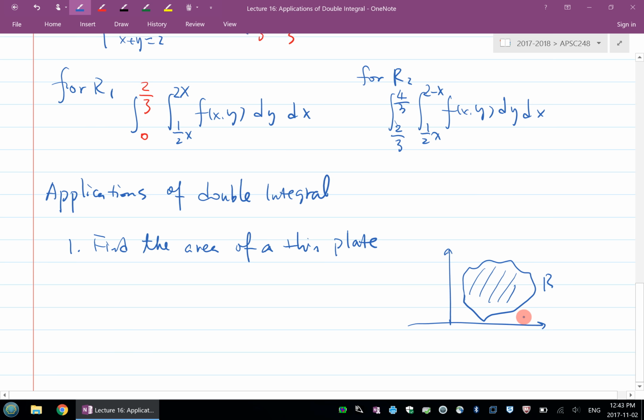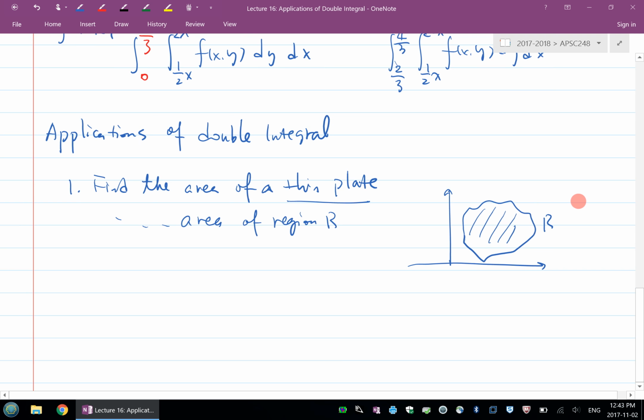That's what the thin plate means. Then the question is, what will be the area for this thin plate? Instead of calling it a thin plate, you can also say find the area of region R. That's a different way of putting it.